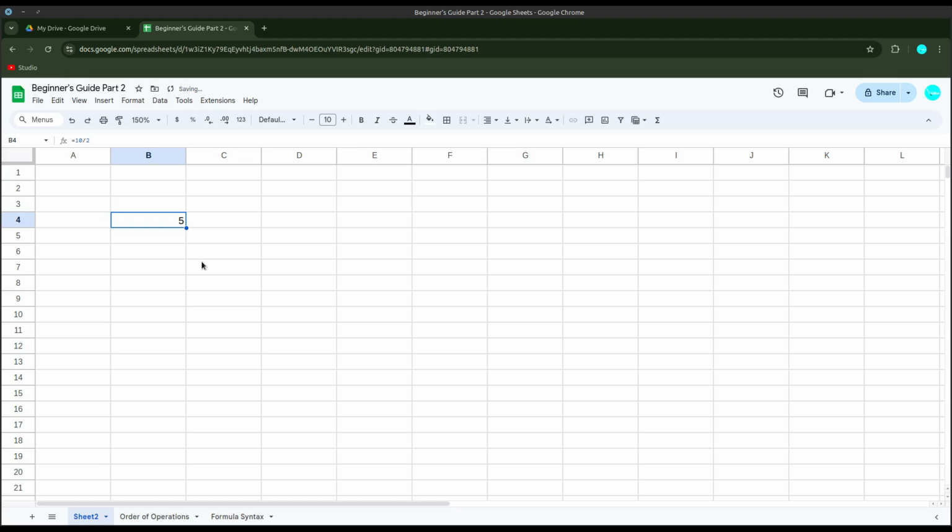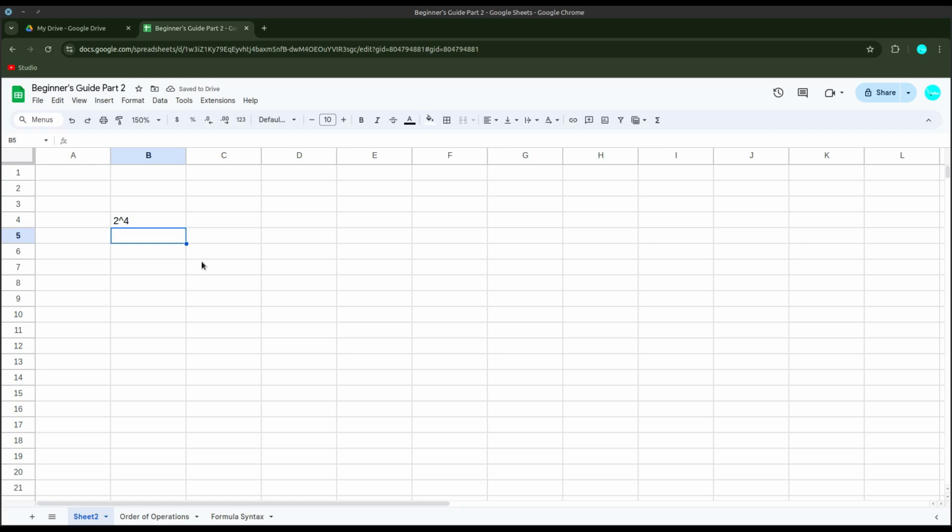We can also do exponents. Exponents means multiplying a number by itself a number of times. For example, if we say 2 to the power 4, the caret sign here means exponent, and it means that we have to multiply 2 by itself 4 times.